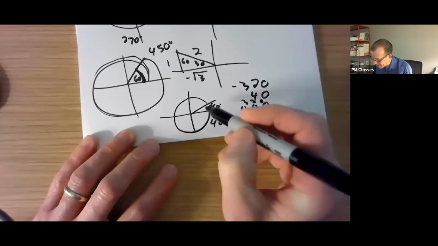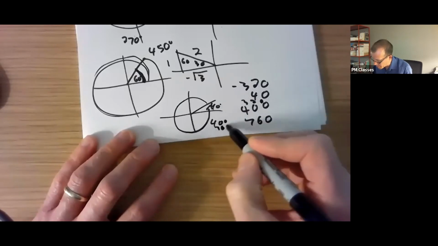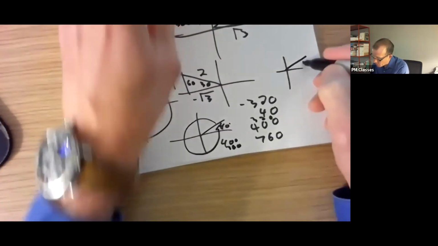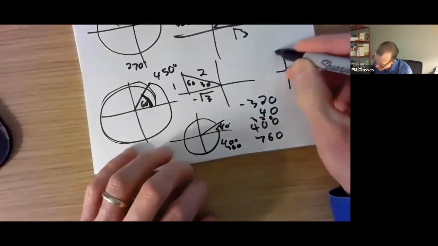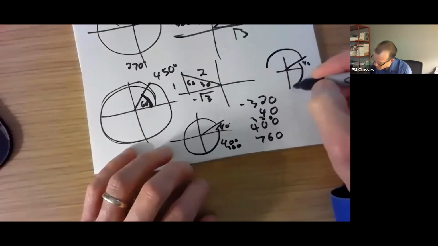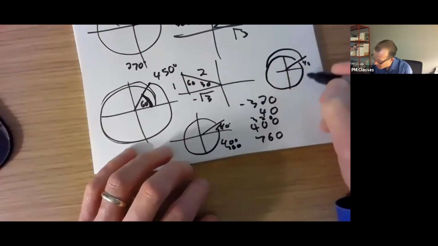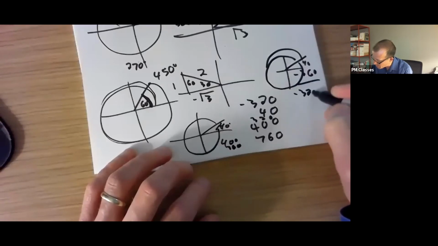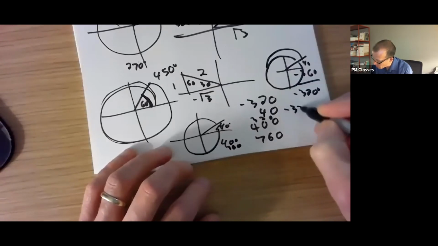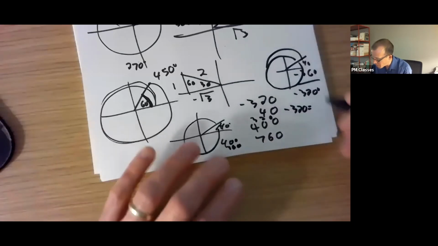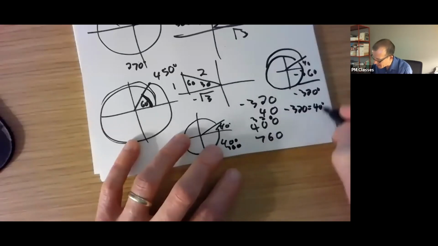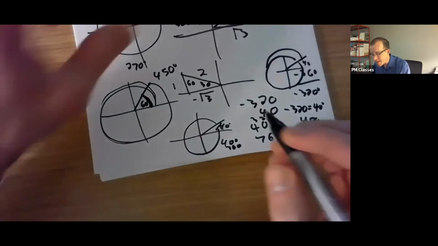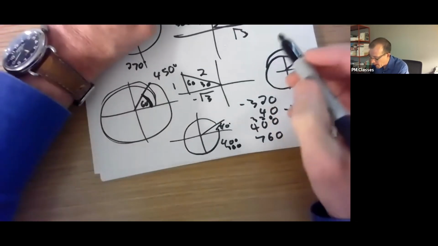I could add 360 again and go to 760. Or, bear with me, if I'm at 40 and I go that way, which means a negative direction, I subtract 360 to come back from where I was. And so negative 320 actually equals, coterminal means it ends at the exact same place as 40 and 400. An uncommon problem, but it does hop up once in a while.